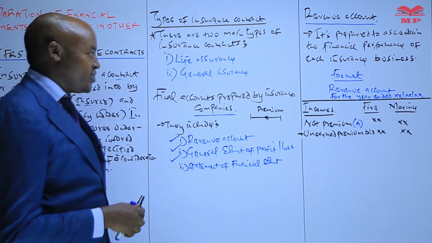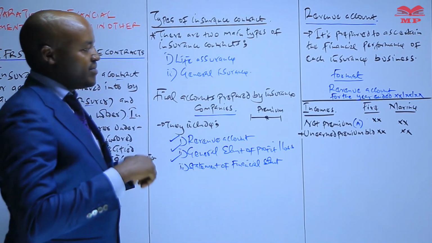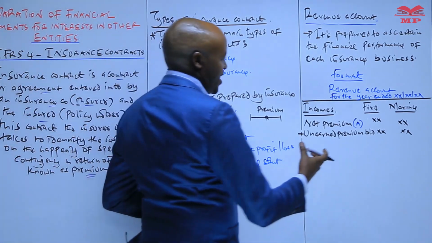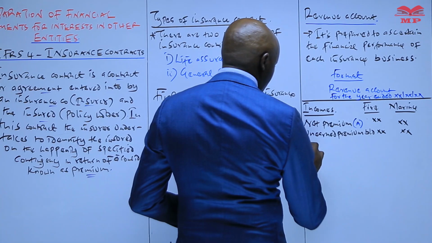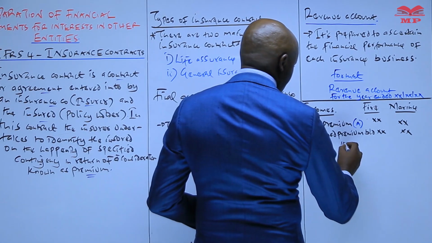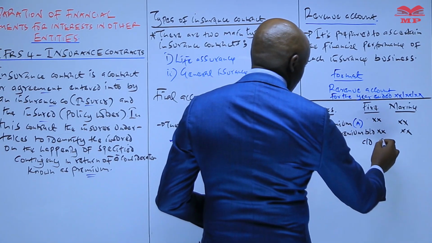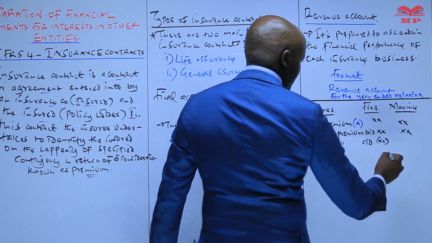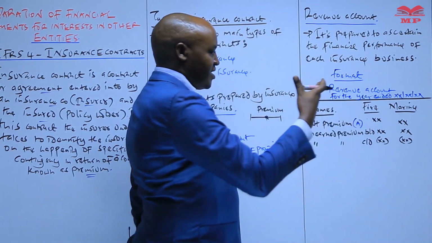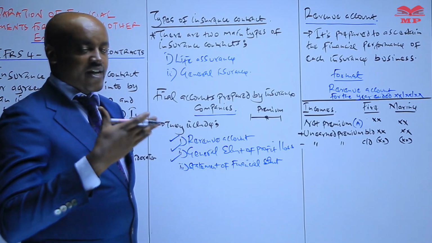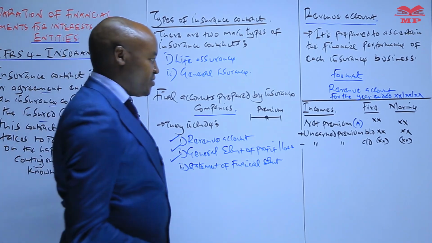So therefore, we take the unearned premium at the start of the year, we add it to whatever you have there, and then to this we deduct the unearned premium at the end of the year. This is a premium paid during the current year, but when the year is coming to an end, because the period covered has not expired, that premium has not been earned.